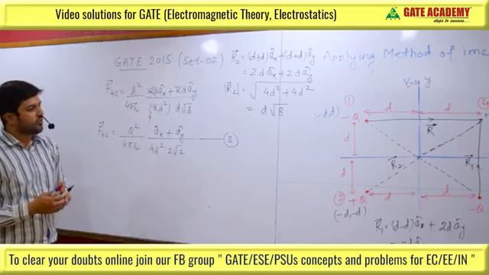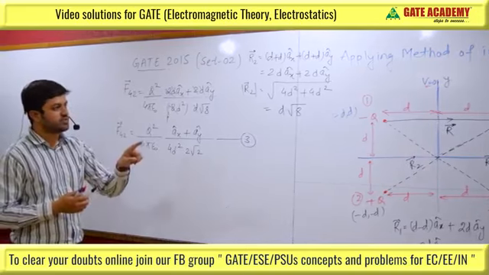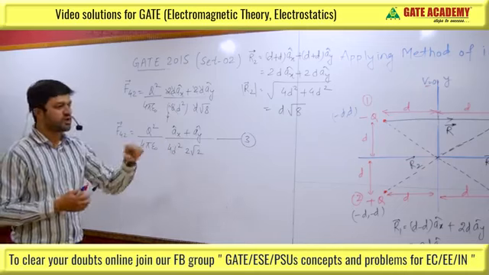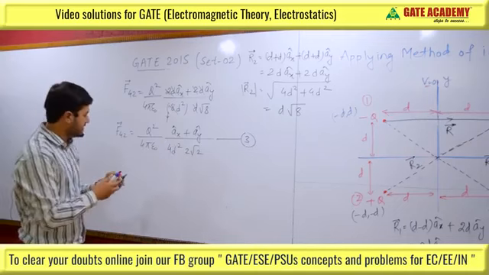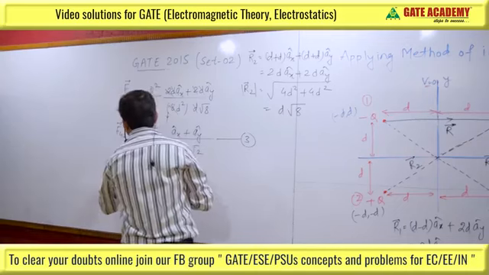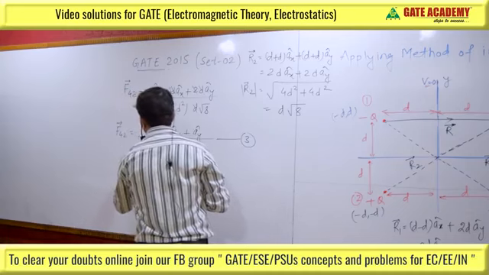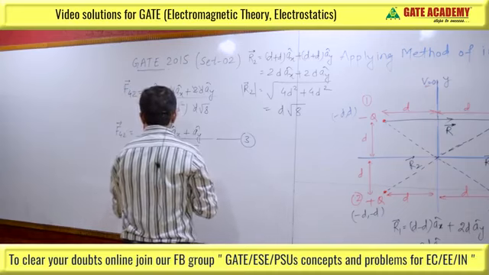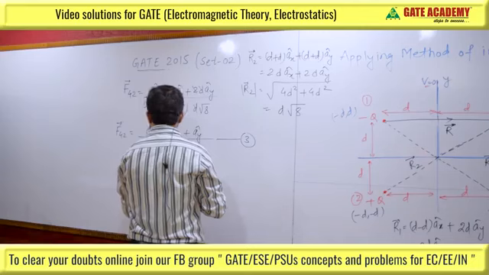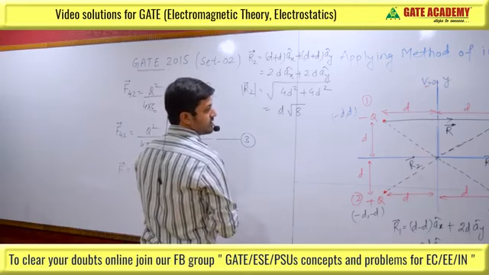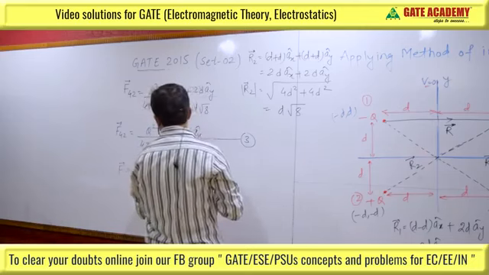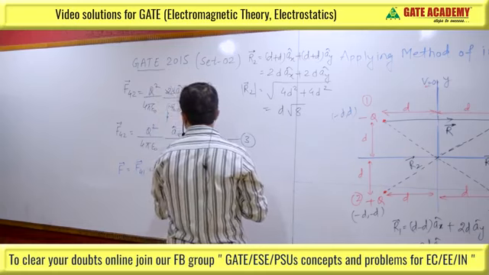Now the net force on charge q that is placed at 4 because of 1, 2 and 3 will be the sum of all the 3 equations. So that is 4,1, 4,2 and 4,3.